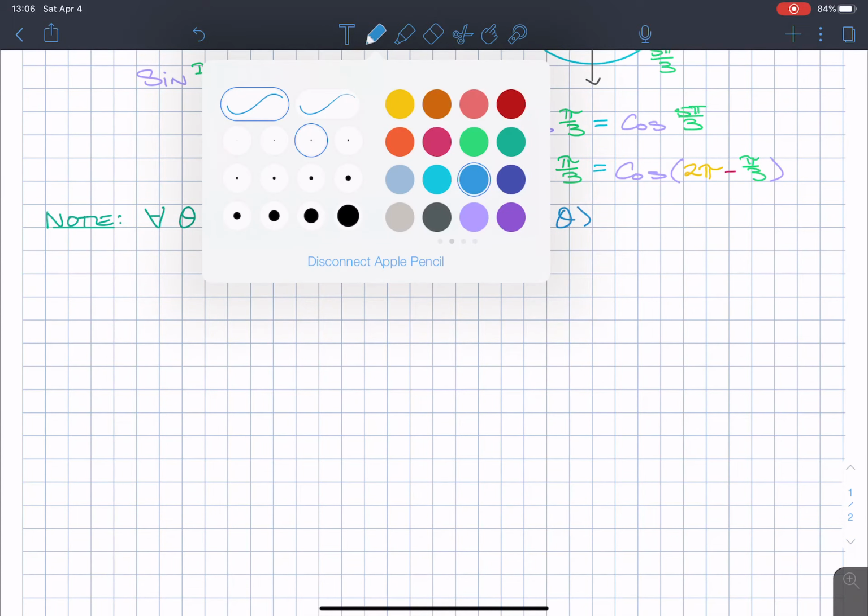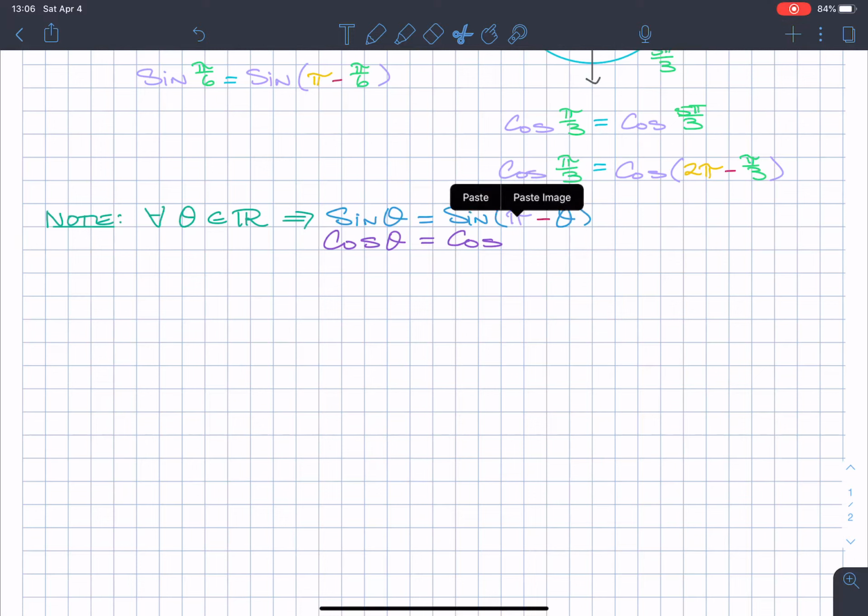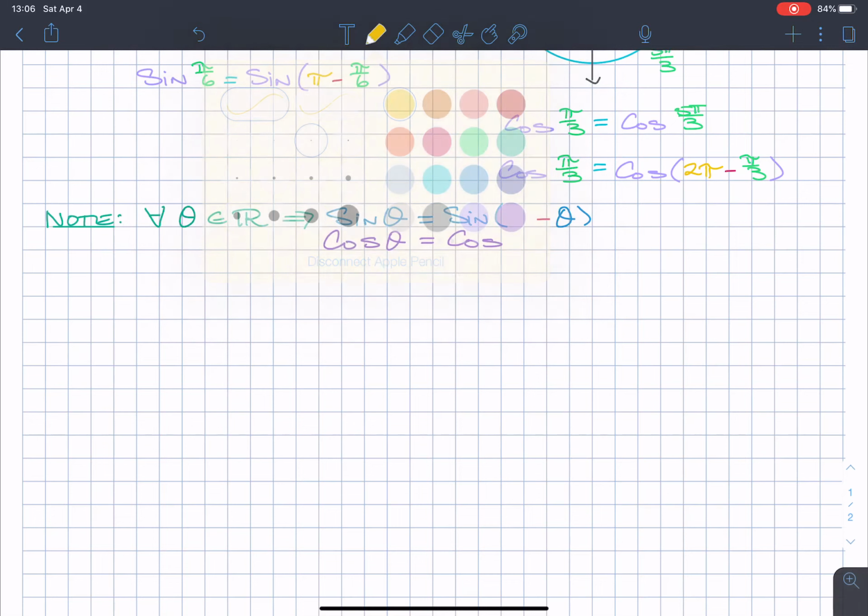And we have cosine of theta will be the same as cosine of 2 pi minus theta. In fact, let me write pi in yellow. I think yellow would be a better color for it, just like I did here.